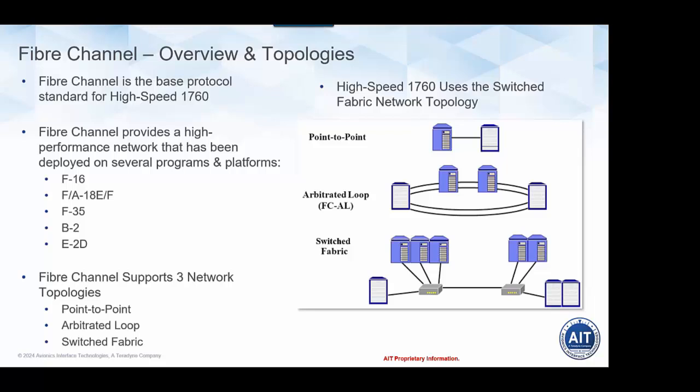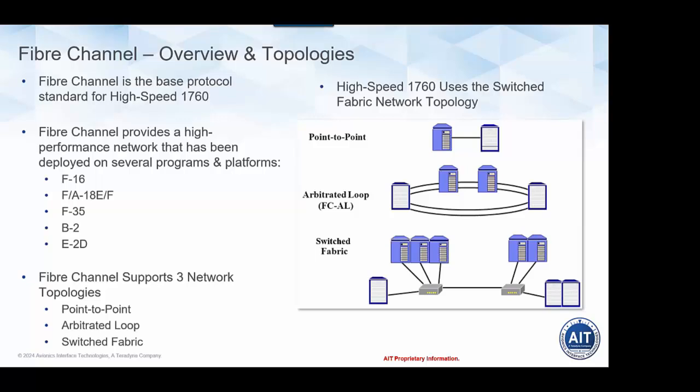Fibre Channel supports three possible network topologies. Point-to-point is the first one, a very simple topology where you have two end nodes or two devices that communicate with each other over a direct connection between the two devices. So Fibre Channel supports that kind of topology. It also supports an arbitrated loop topology.